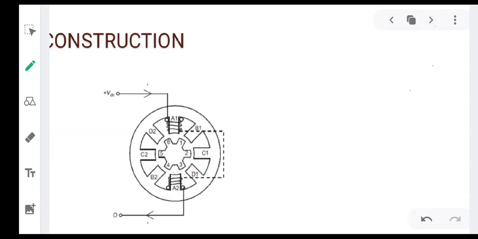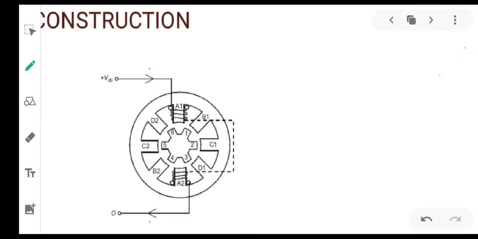This is the cross-sectional view of a switch reluctance motor, and you can see that A1, B1, C1, D1, A2, B2, C2, D2 are the stator windings, and the interior part represents the rotor section.